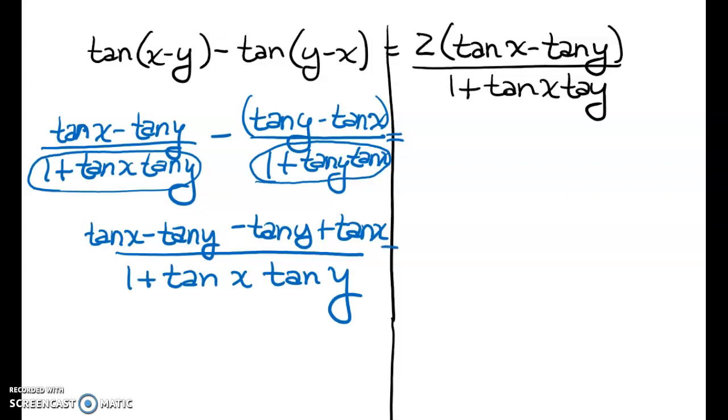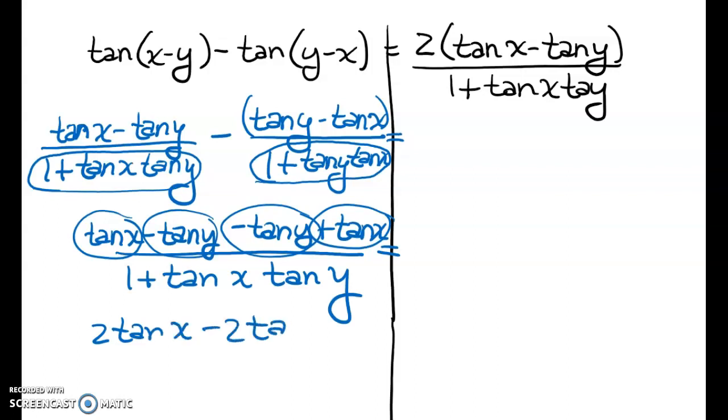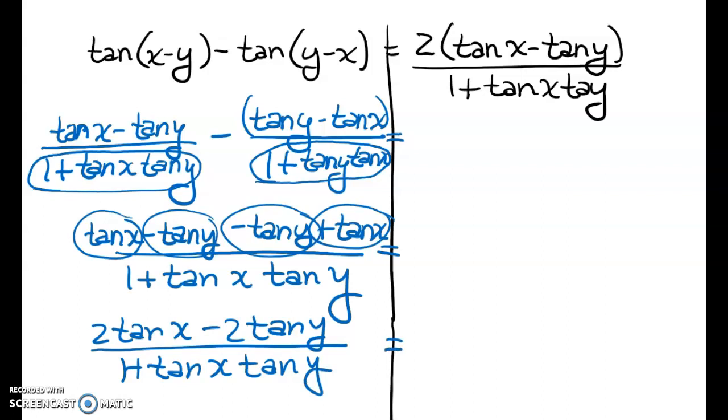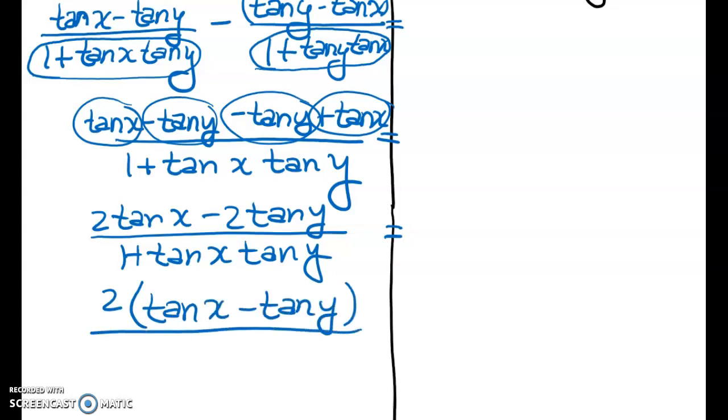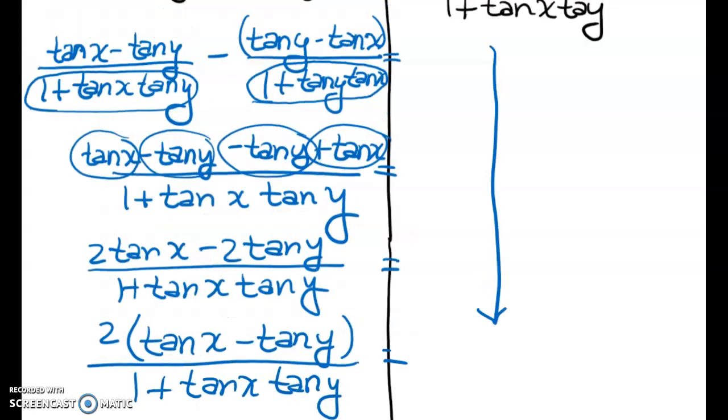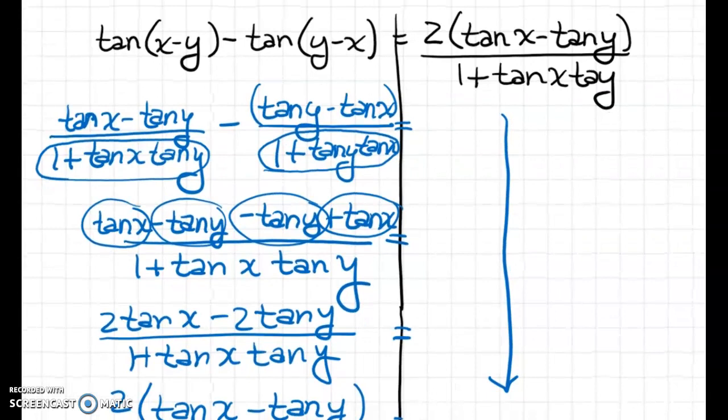So when I combine like terms, I have 2 of these and 2 of these. So I get 2 tangent of x minus 2 tangent of y over 1 plus tangent of x tangent of y. And when I factor that 2 out, I get tangent of x minus tangent of y over 1 plus tangent of x tangent of y, which is what they wanted us to prove over here. Okay. Have fun with your homework.